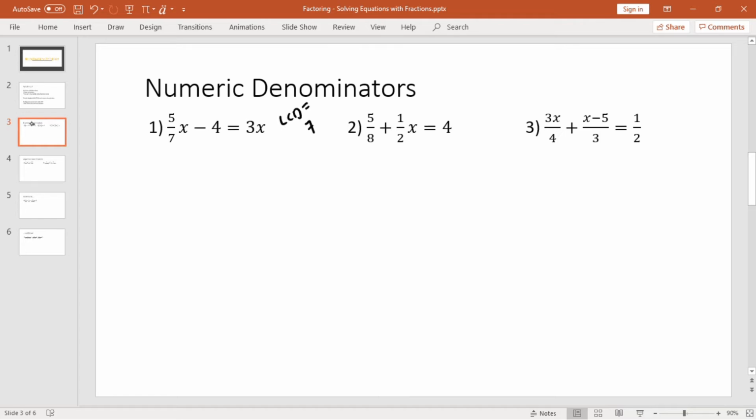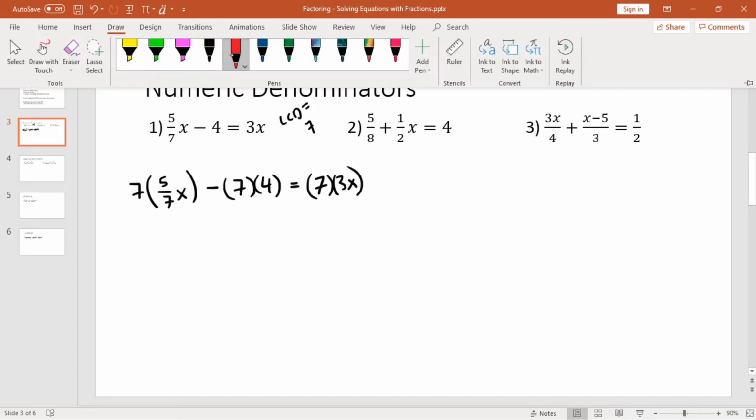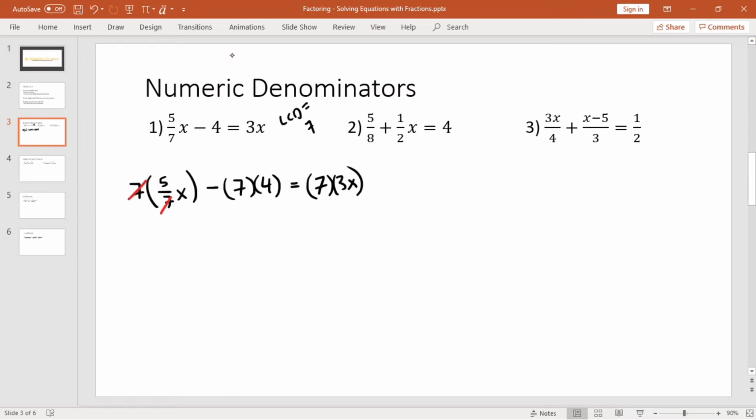So essentially what I'm doing is I'm taking each term and multiplying it by 7. When I do that, look to the fraction 1, because there is where you're not going to make 35. You're going to right away use that LCD to cancel out the denominator. So this is my next step, not making 35.